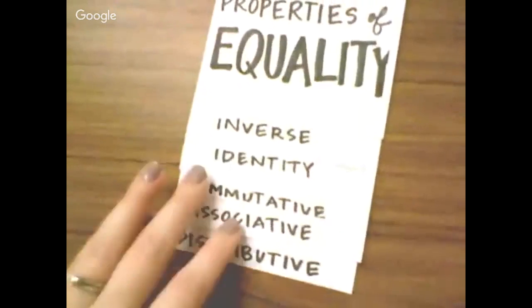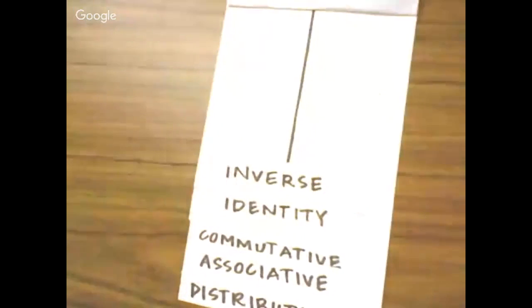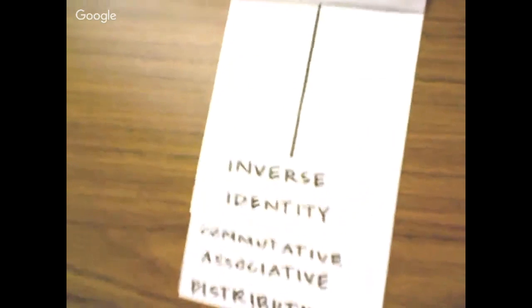Okay, so under properties of equality, we're going to deal with the inverse. So we have our additive and our multiplicative. So the additive inverse is what adds to equal 0.